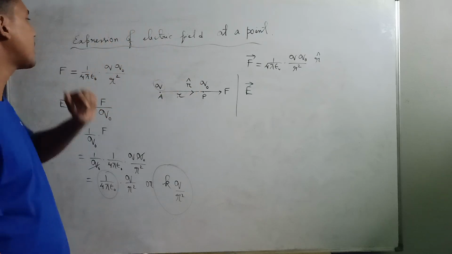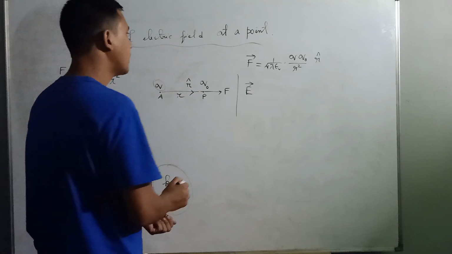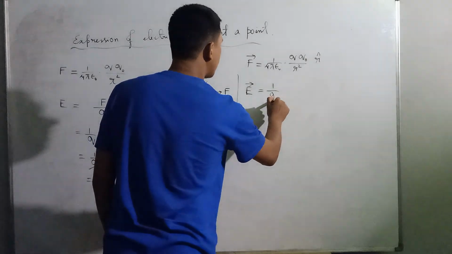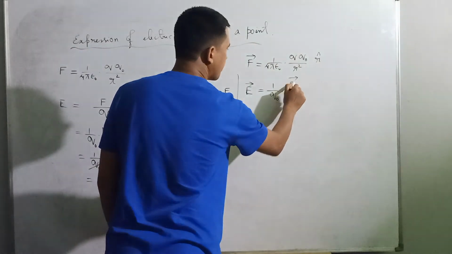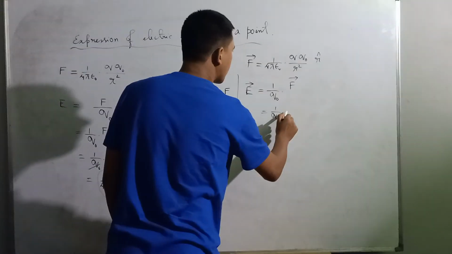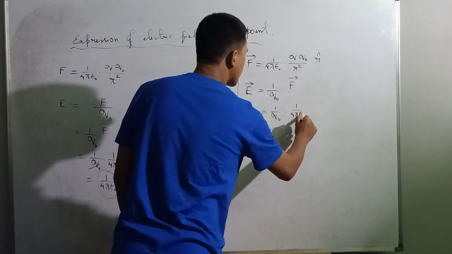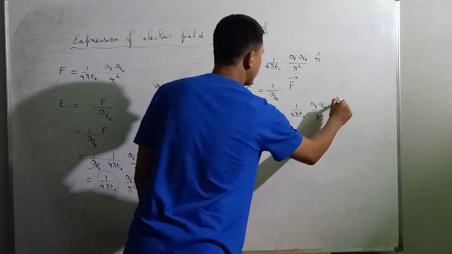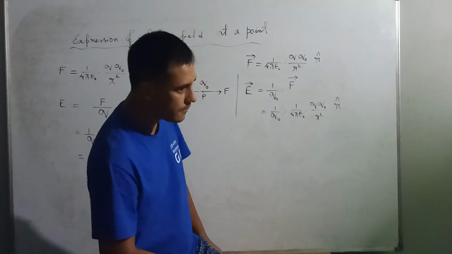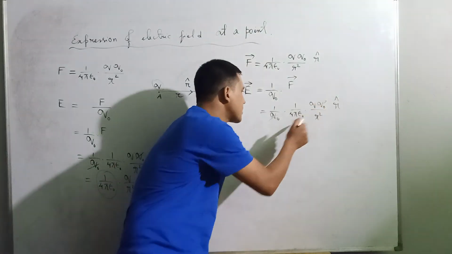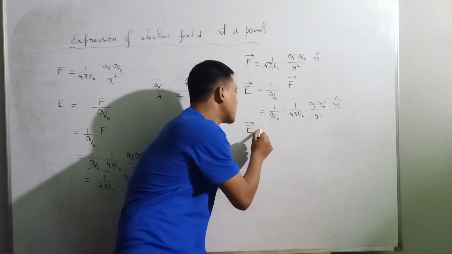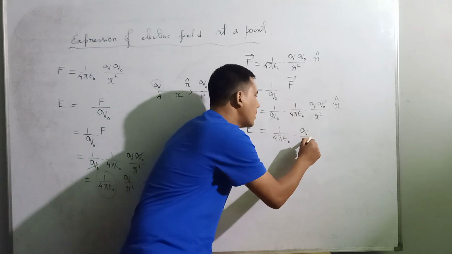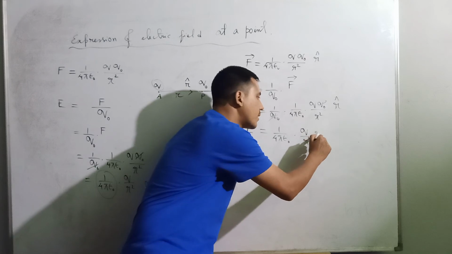Now I'm finding the magnitude along with the direction. Then your electric field will be given by 1 by Q naught times F, right? So 1 by Q naught times 1 by 4 pi epsilon naught into Q Q naught by R square with unit vector R cap. Fine. So Q naught cancels. So your vector E is equal to 1 by 4 pi epsilon naught into Q upon R square into unit vector R cap.